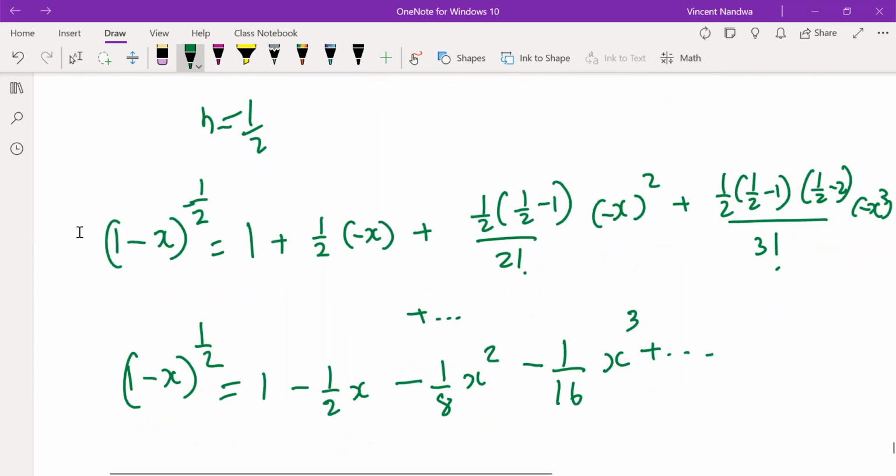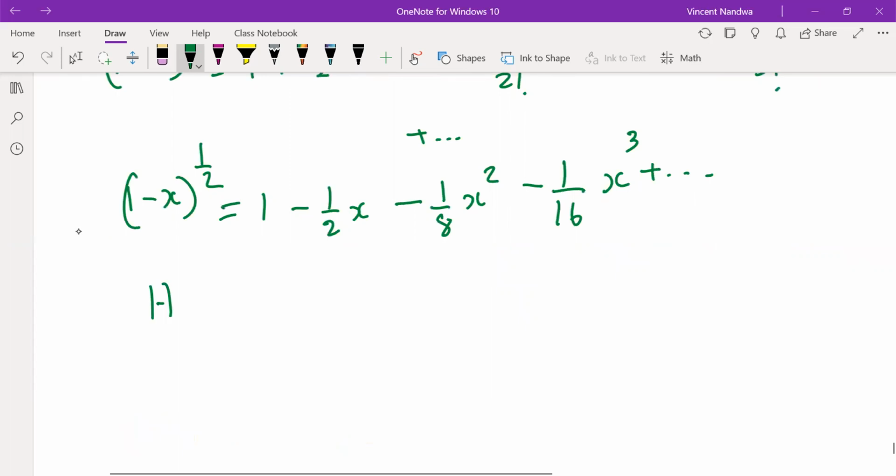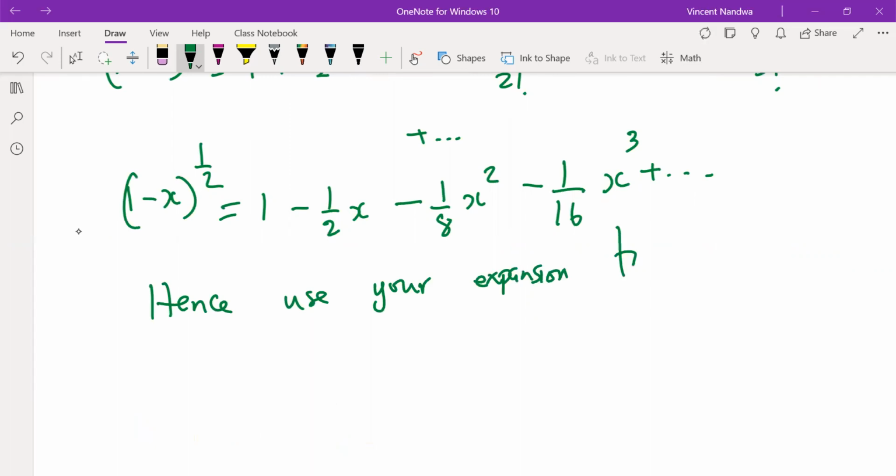So if the question was, hence, use your expansion to approximate square root of 24.